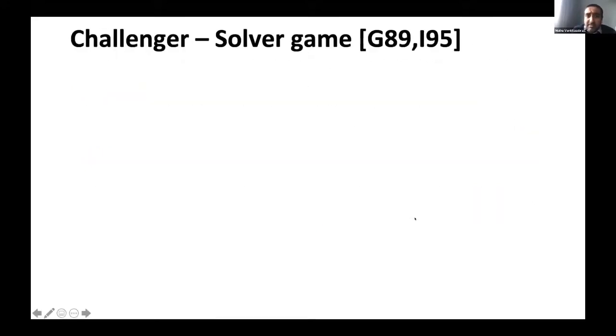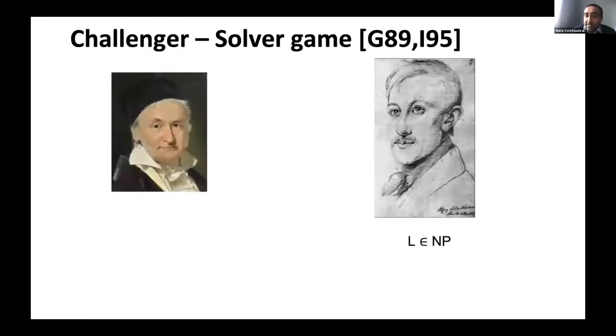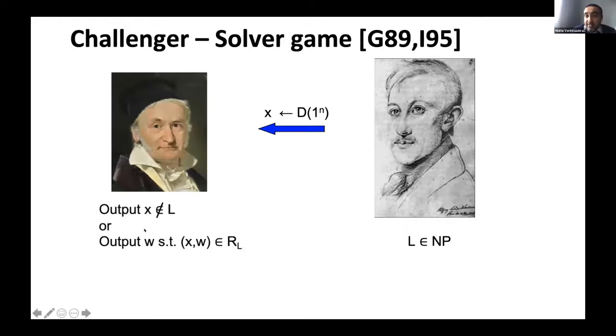To think about this, Gurevich and Impagliazzo thought about this challenger and solver game. In fact, Impagliazzo called this a game between Professor Grauss and Frederick Gauss, where Grauss, from a language L, samples an instance x according to some efficiently sampleable distribution D, and Gauss needs to say whether it's in the language or not, and if it is, produce a witness.